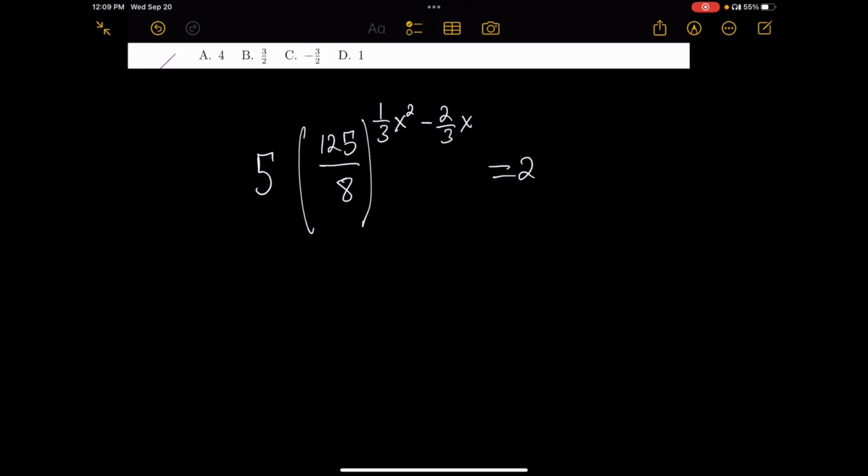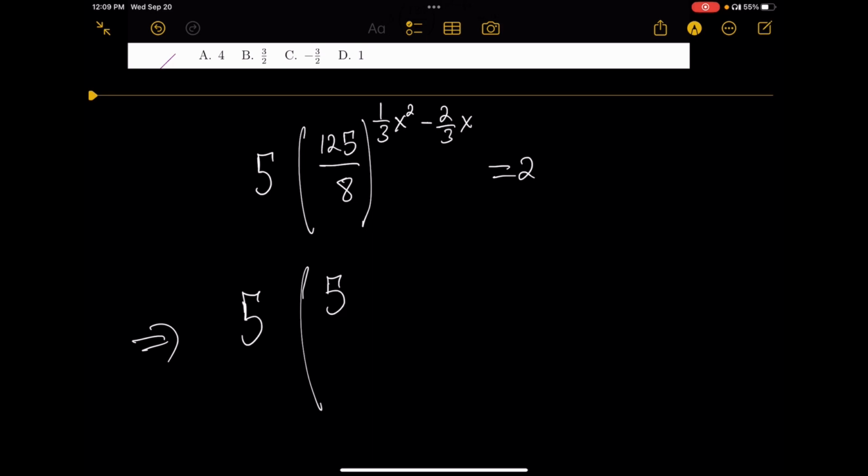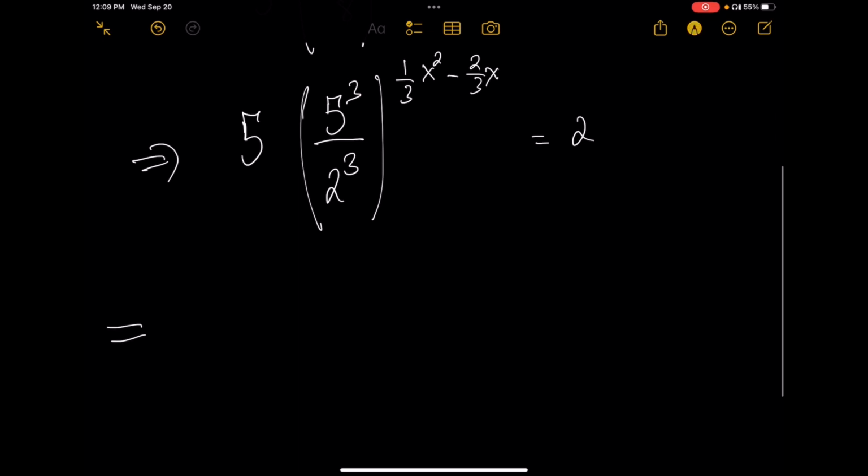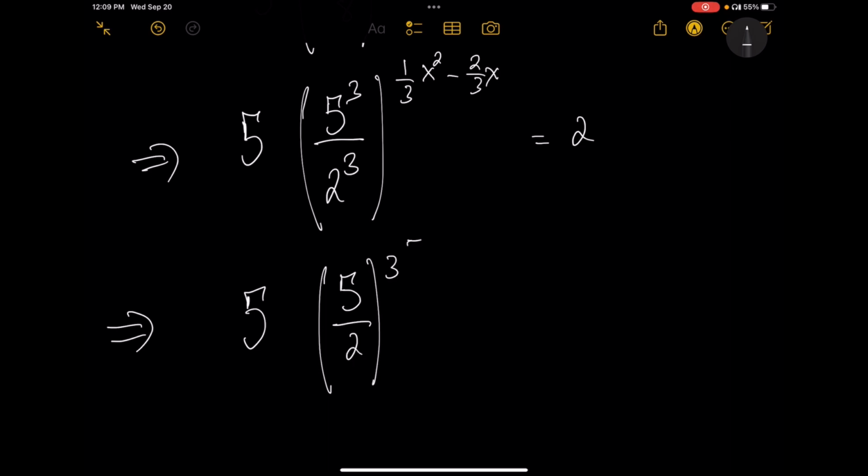This implies 5 times 125, which is 5 to the power of 3, over 8, which is 2 to the power of 3, to the power of 1 over 3 x squared minus 2 over 3 x, equals 2. This implies 5 times 5 over 2 times 3, and the exponent is 1 over 3 x squared minus 2 over 3 x, equals 2.